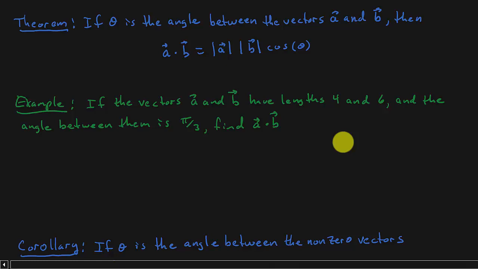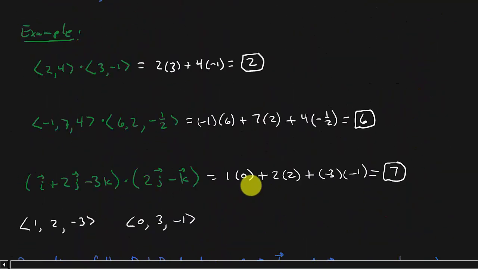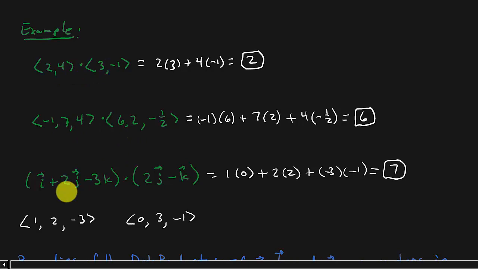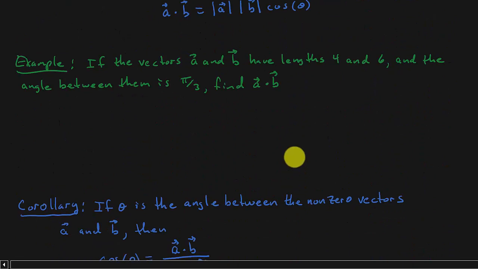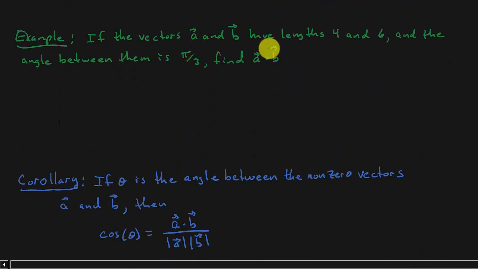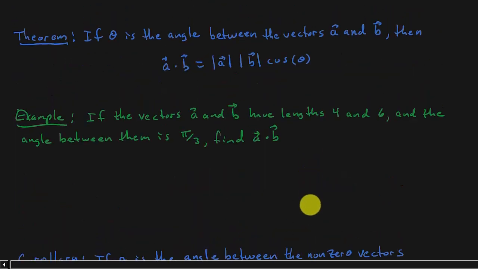So before, when we were finding the dot product, what did they give us? They gave us the vectors. We had the components of the vectors, and so we could do the dot product. But what happens if they give us the length of the vector and the angle between them? That's what we're given: the length of each vector and the angle between the vectors.